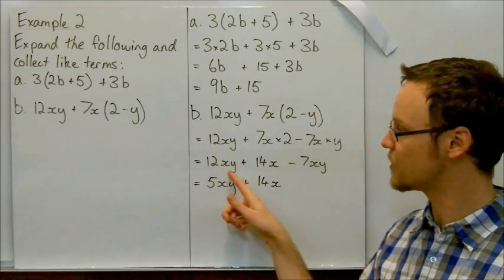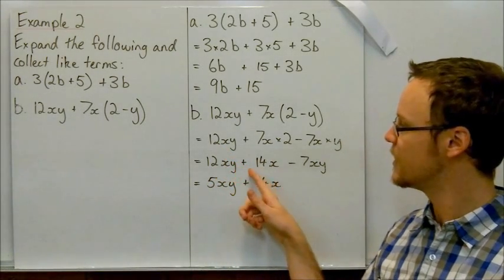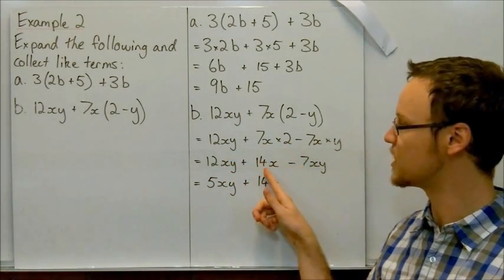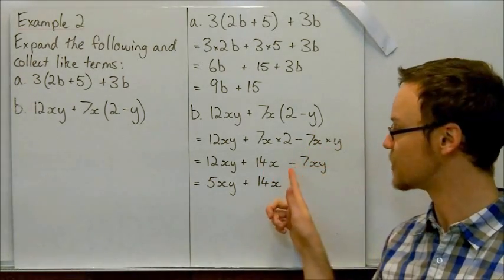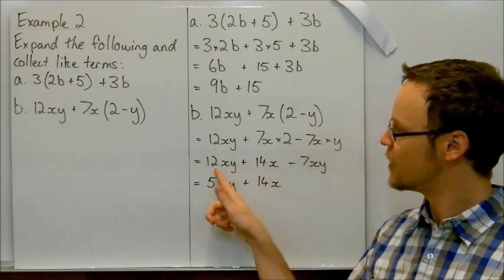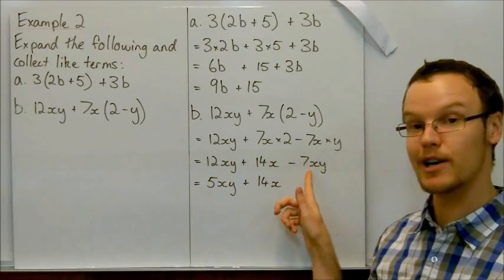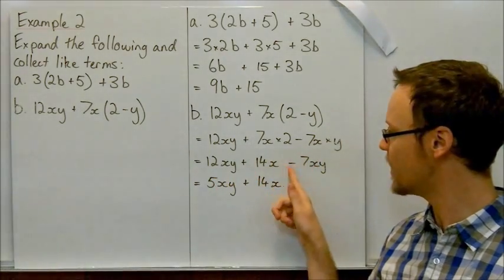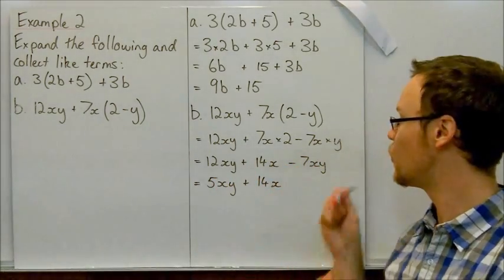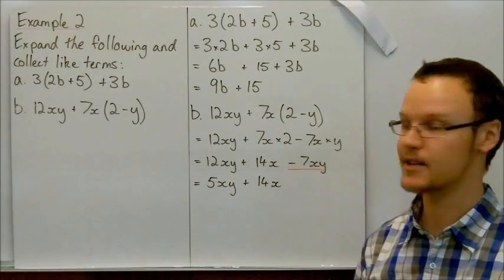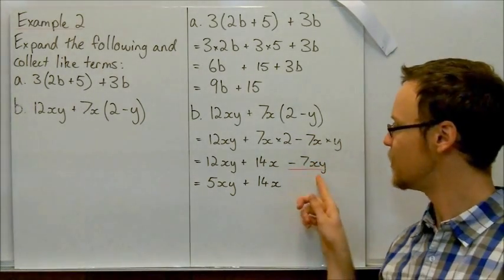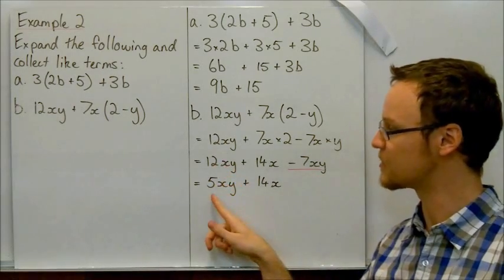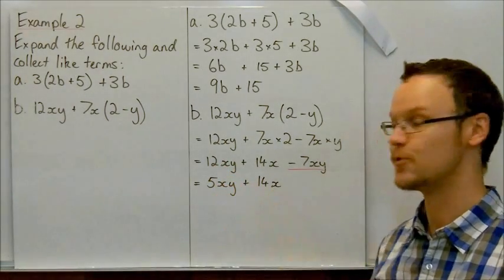So we're still left with our 12xy, and we've got 7x times 2 is 14x, minus 7x times y is 7xy. 12xy and 7xy are like terms, so we can take away, because the minus sign always stays at the front, or belongs to what's in front. So minus 7xy away from 12xy, we get 5xy plus 14x.